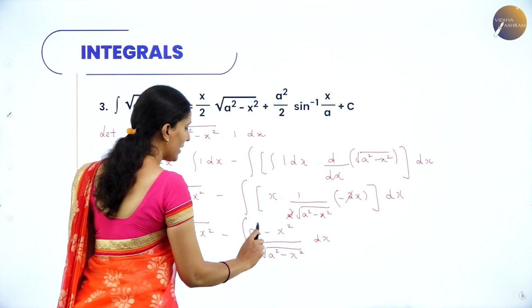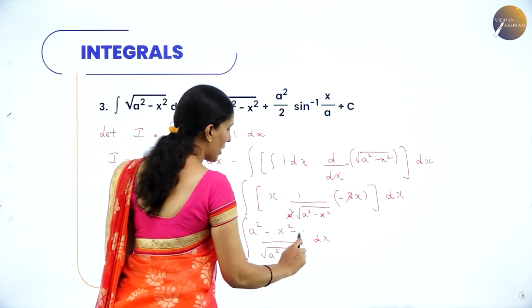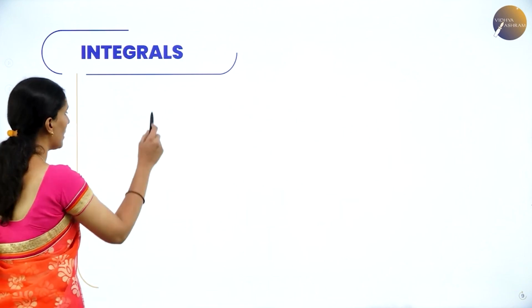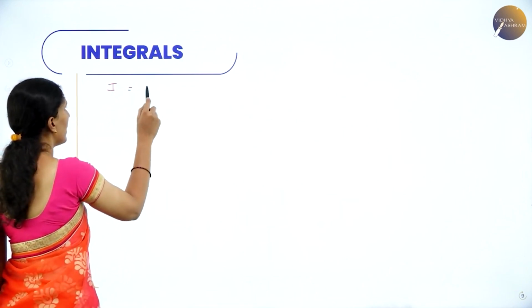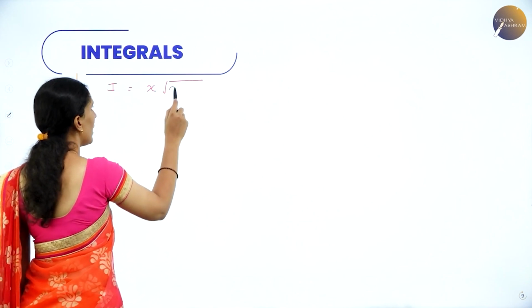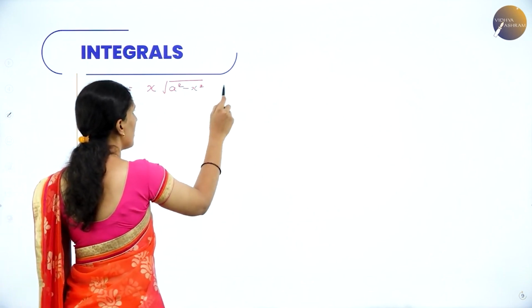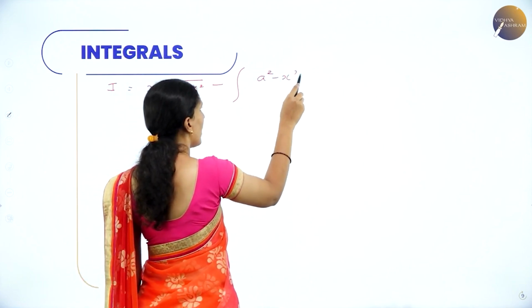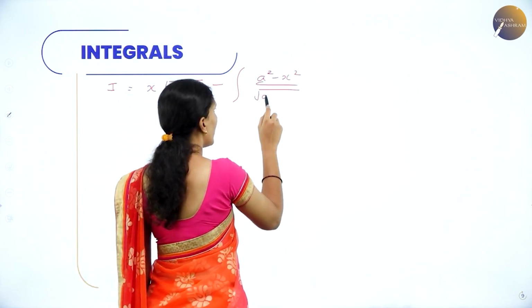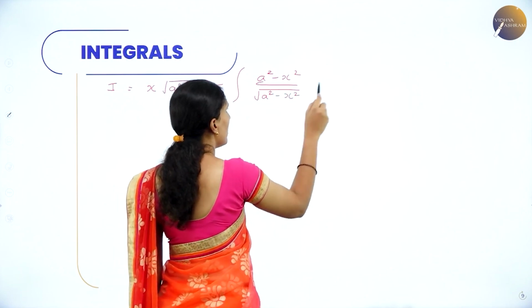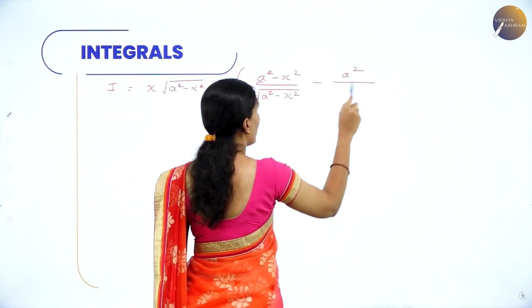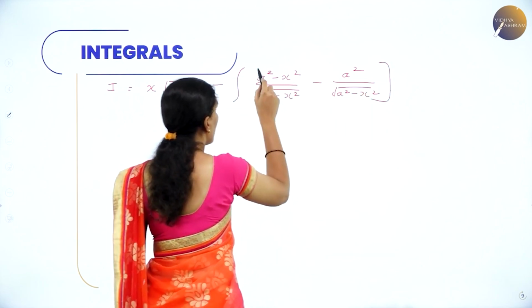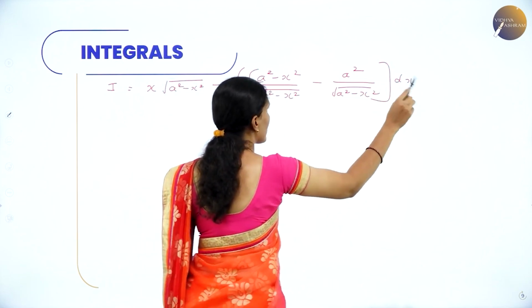So let me add a square and subtract a square. So what happens now? I is equal to x into root of a square minus x square minus integral of a square minus x square divided by root of a square minus x square minus a square divided by root of a square minus x square with respect to x.